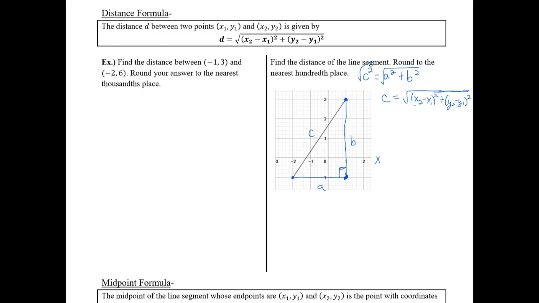So this is a squared, b squared, and we square root it all to find c. That's where the distance formula comes from.